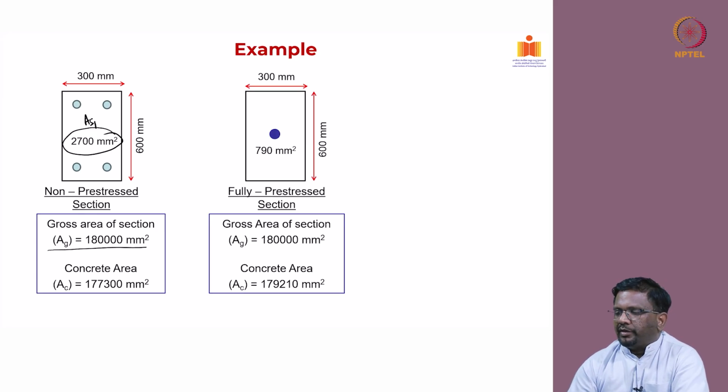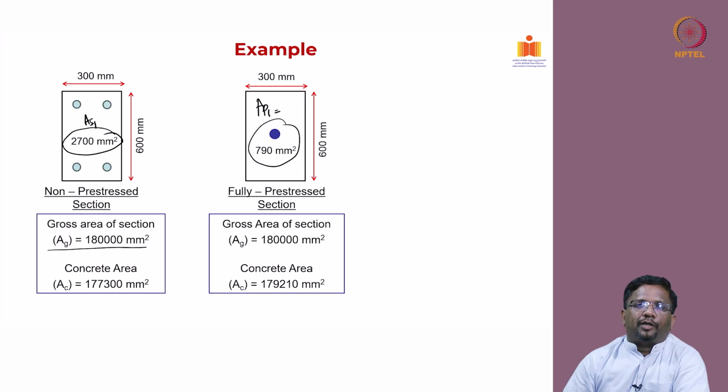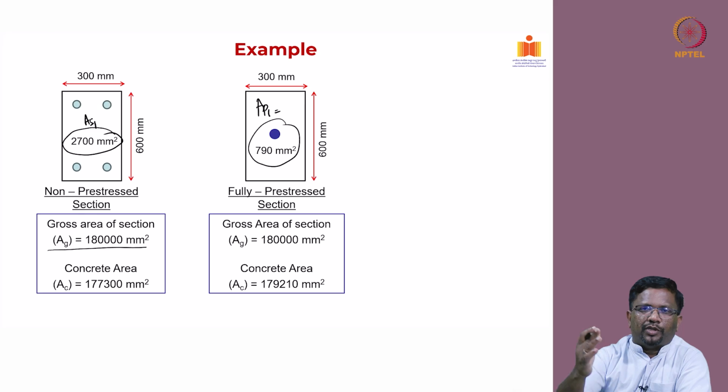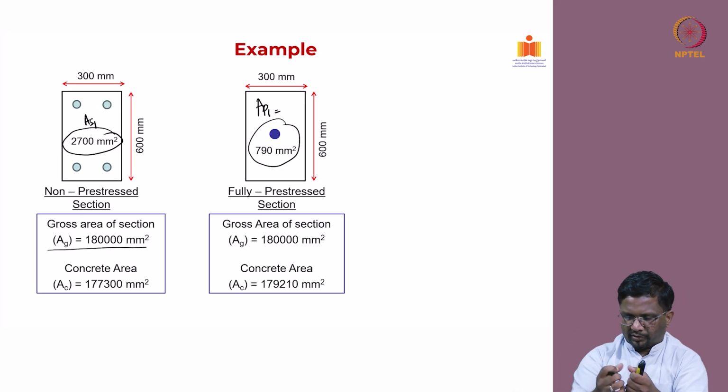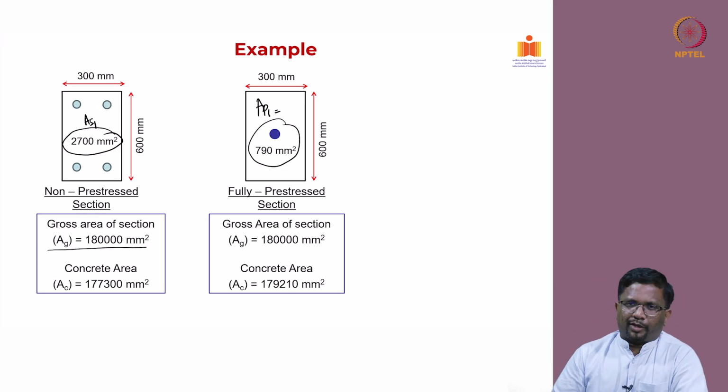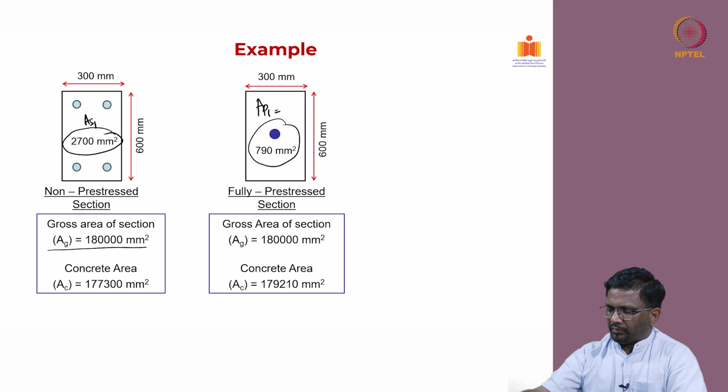Next section, 300 by 600 again. Now the area of prestressing steel, let us say AP1, is 790 mm square. Again, AP1 into Fpy should be equal to AS1 into Fy, because all of them are going to have equivalent tensile strength. And these are the concrete area.